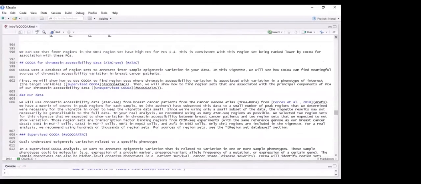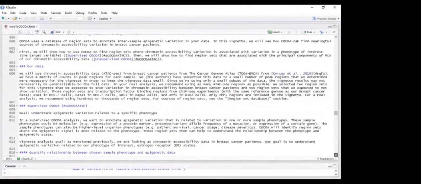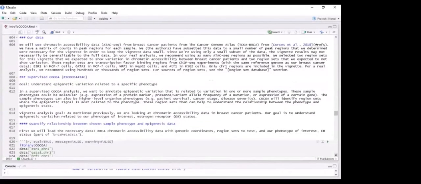In this case, we're still looking at breast cancer, but now we're looking at the chromatin accessibility from an ATAC-seq experiment for breast cancer patients from the Cancer Genome Atlas. I'll go a lot faster through this part, since so much of it is review, but I'll try to emphasize the differences from DNA methylation data.